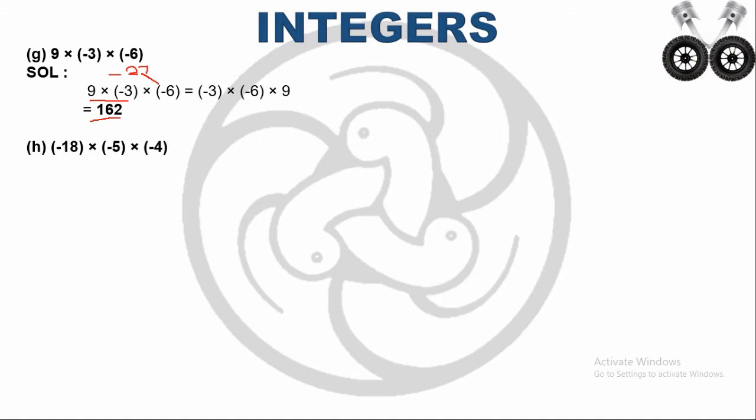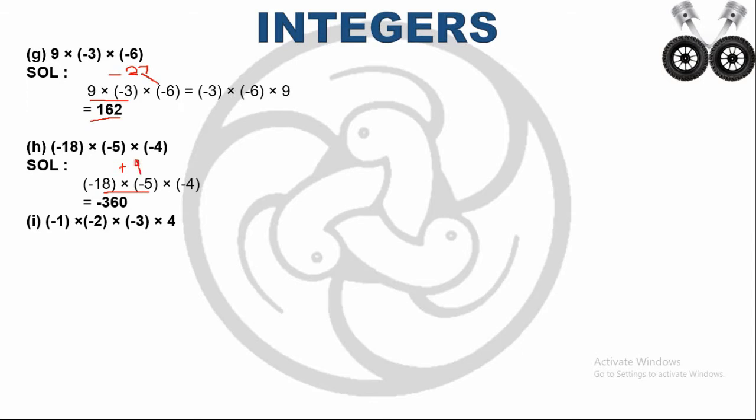Then subdivision H, minus 18 into minus 5 into minus 4. Very first we multiply these two integers, minus 18 into minus 5. These two integers have the same sign, so when I multiply, I get a positive sign. The answer is plus 18 into 5, that is 90.